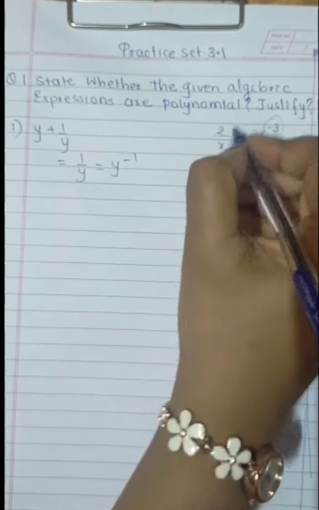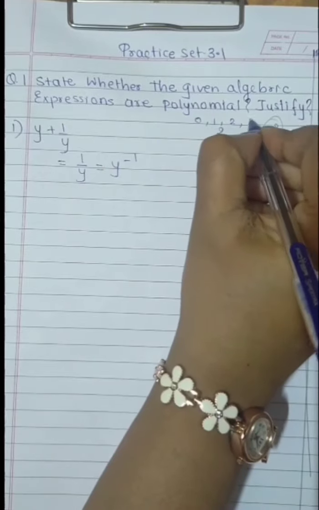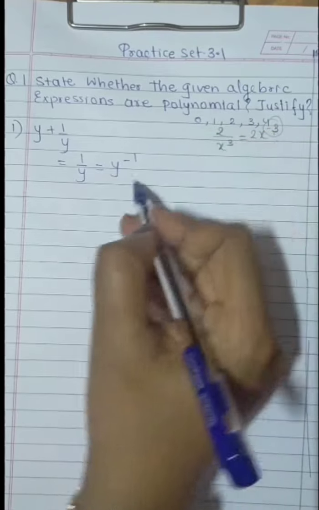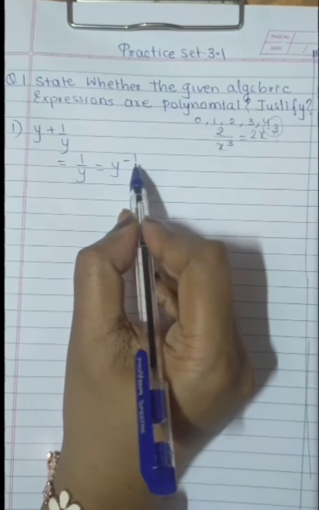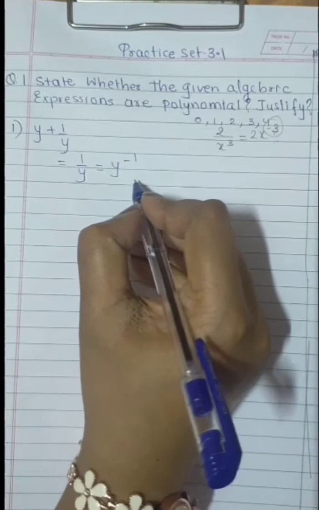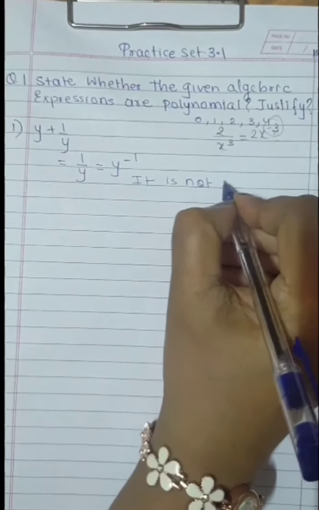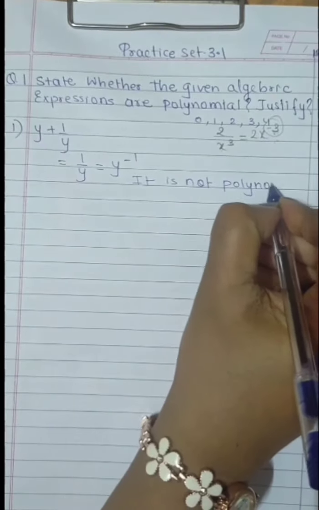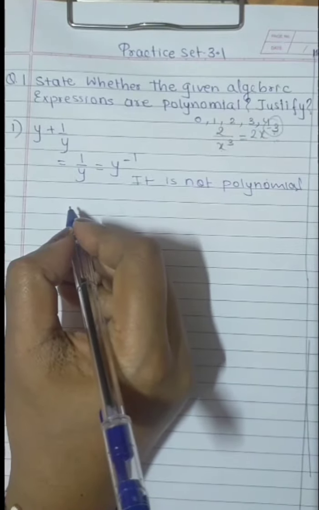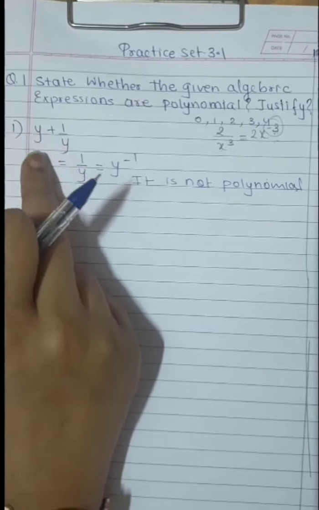For example, 0, 1, 2, 3, 4 are whole numbers and positive, and here we got negative 1. So this equation is not a polynomial.